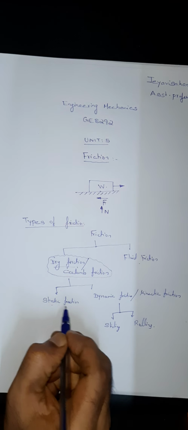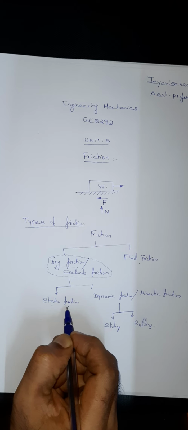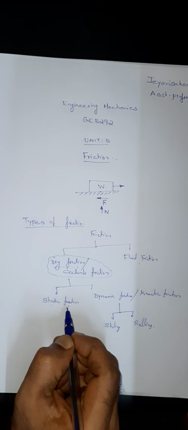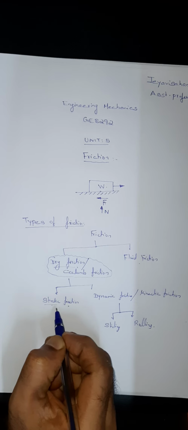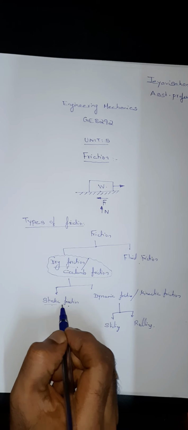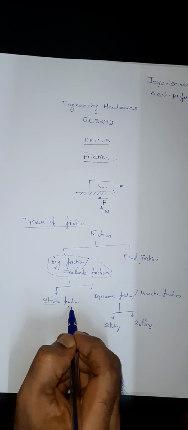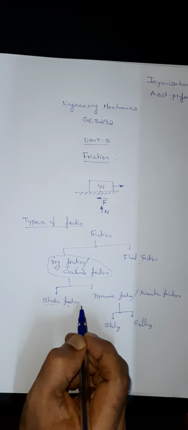Then let's come to static friction. The definition of static friction is the friction experienced by a body during rest. You know about static, right? Static is nothing but the at rest condition. So static friction is the friction experienced by a body during rest.